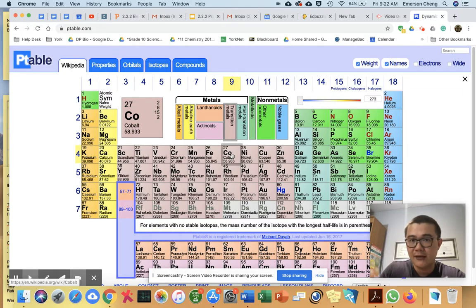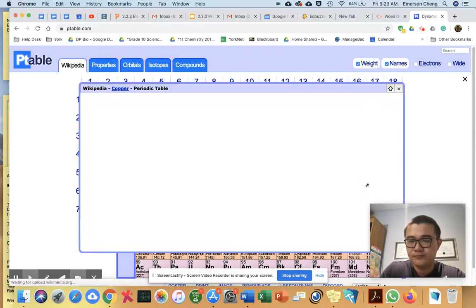So let's go back to filling the 3d orbitals. And then copper. Oh, copper again. This is the part where they would rather you lose the one on 4s to fill up the 3d orbital. Right?